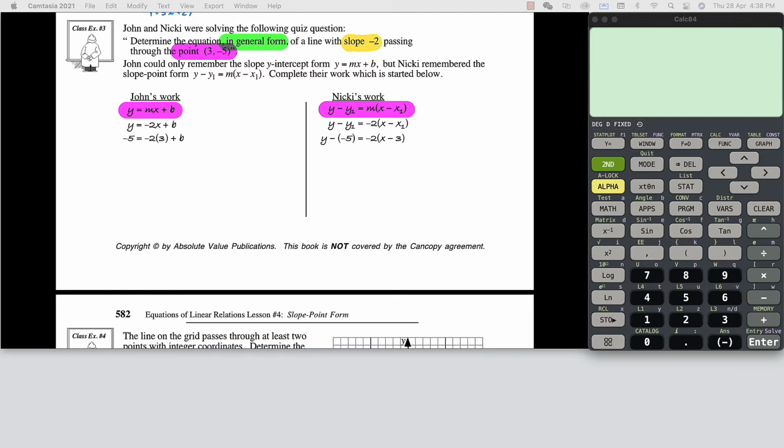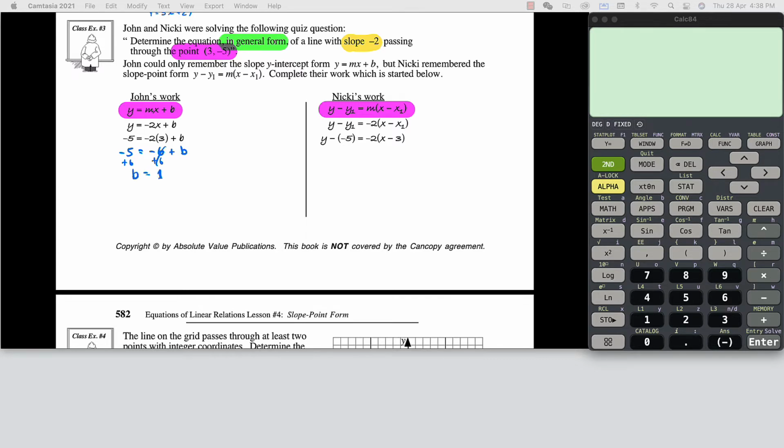So let's start off with John. So basically right now you can see that all the variables have been filled in except for b. So in this case we could move along saying -5 equals -6 plus b. If I add 6 to both sides, that cancels that, and I basically end up with b equals 1.